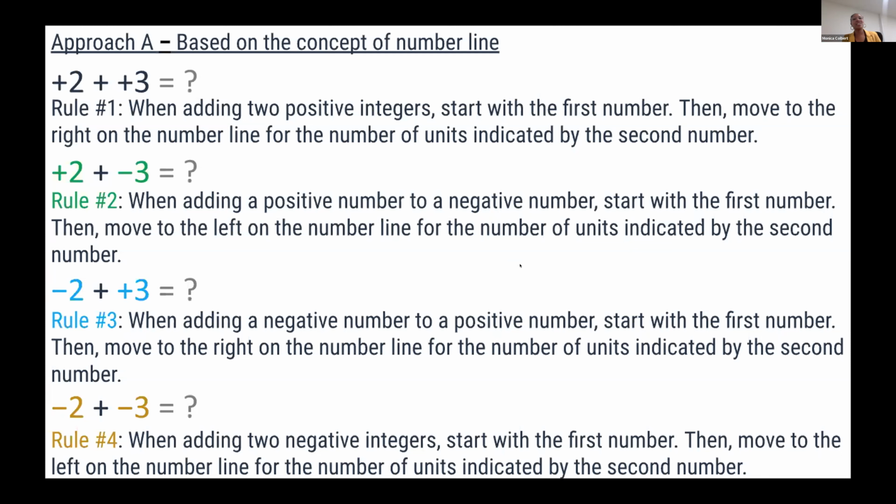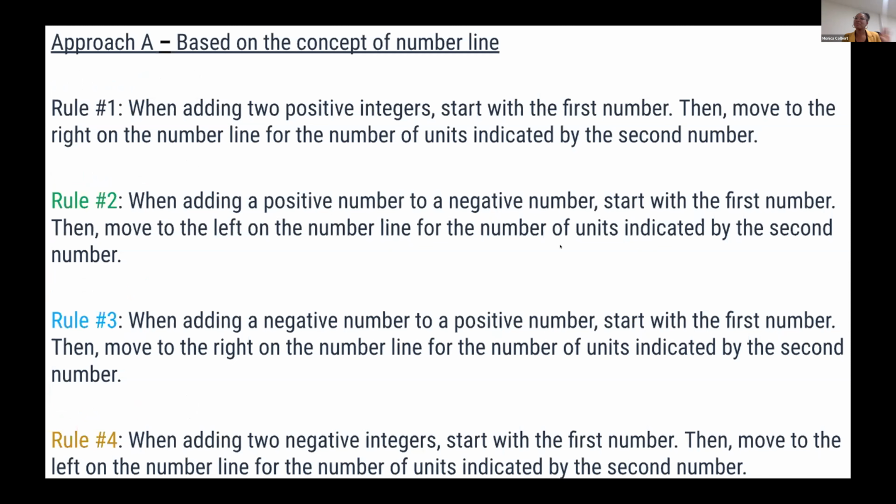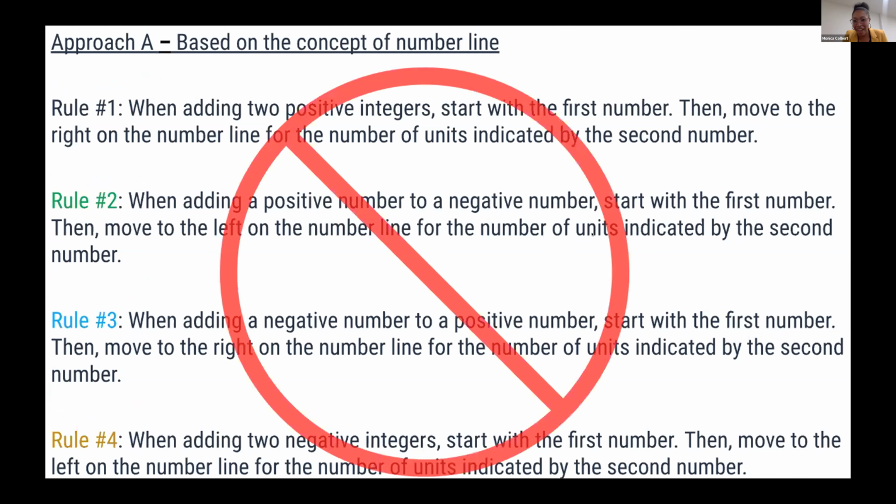And while that serves some students, I can't say that it's for everybody. And I'm sure if you have experience teaching integer operations, you probably have experience where students oftentimes can't hold on to which rule to use and where and when.